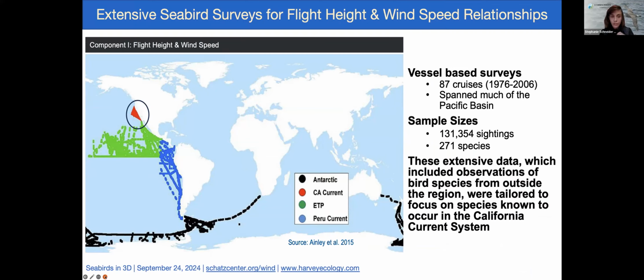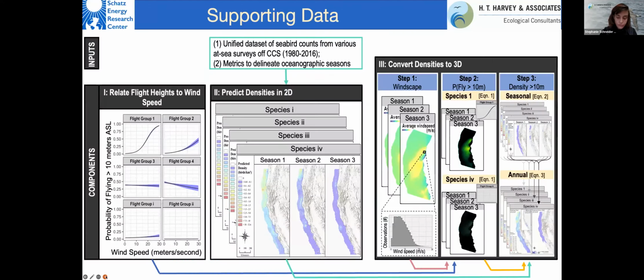We had to isolate the California current portion of these data, which is circled and highlighted in red. We had to take a very extensive study of seabird flight height and wind speed and tailor this to the California current system so that it's representative of the birds and the flight groups that we have here. Next slide, please.